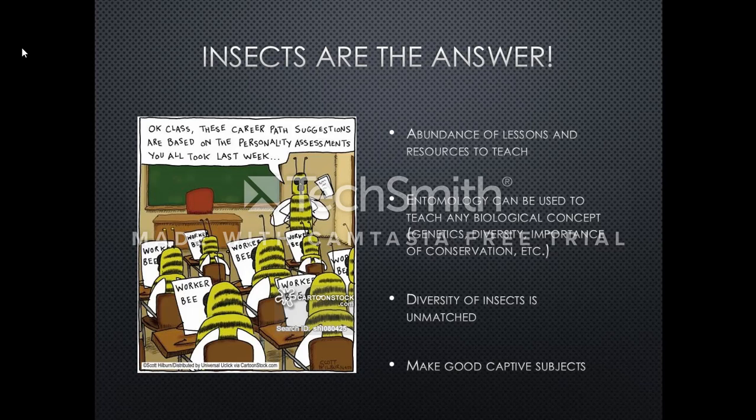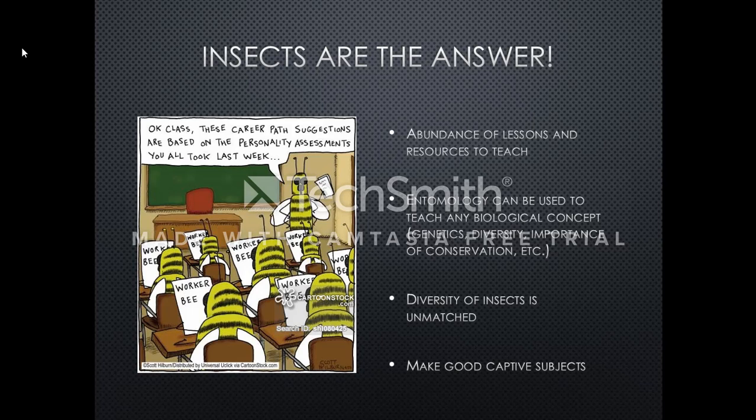Why are we saying that using insects in the classroom might be a way to teach science? One of the main reasons is that there's an abundance of lessons and resources to teach using insects, and we'll go through some of those resources in just a few moments. Entomology, or the study of insects, can be used to teach any biological concept. Genetics is a great example, using fruit flies in the classroom to show how traits are passed down through generations.